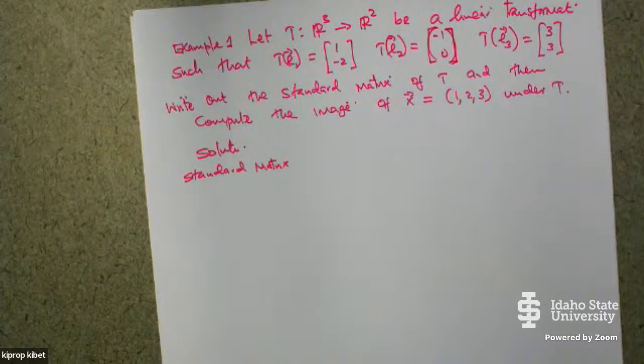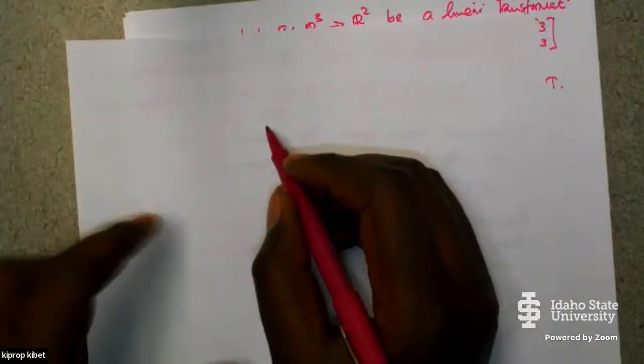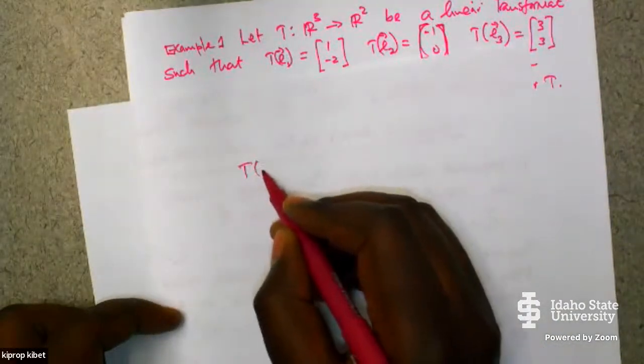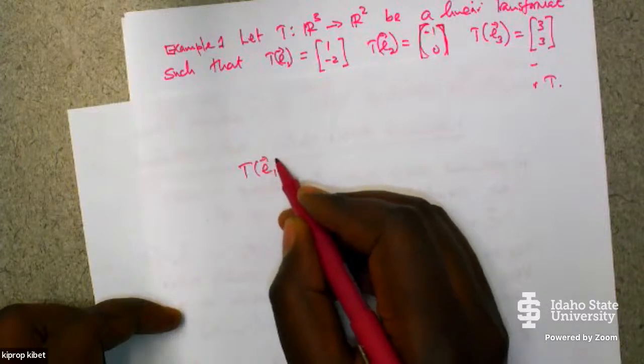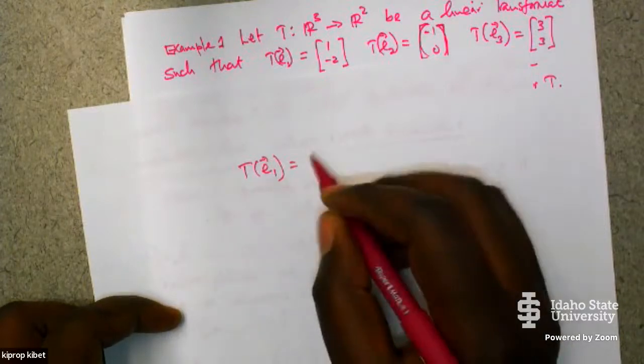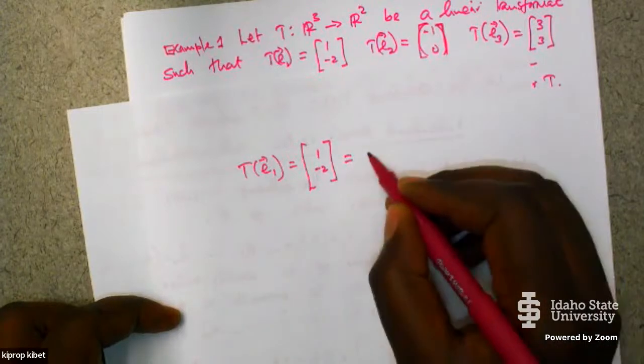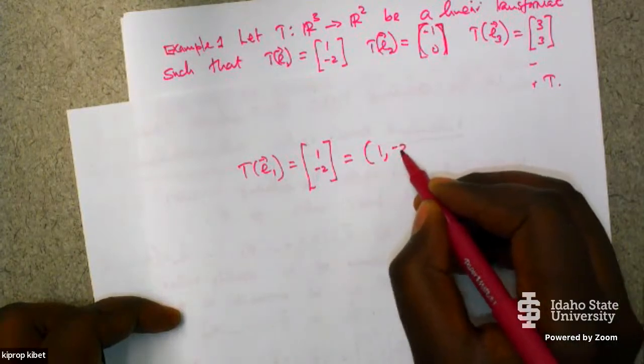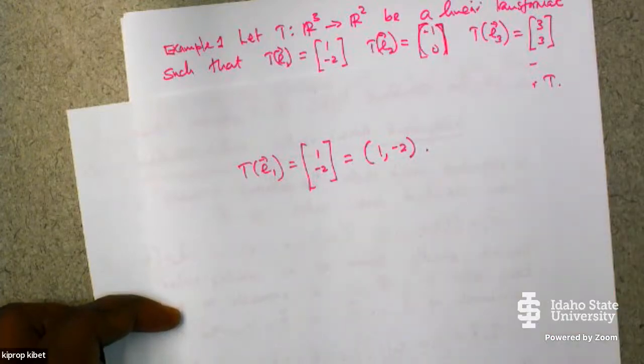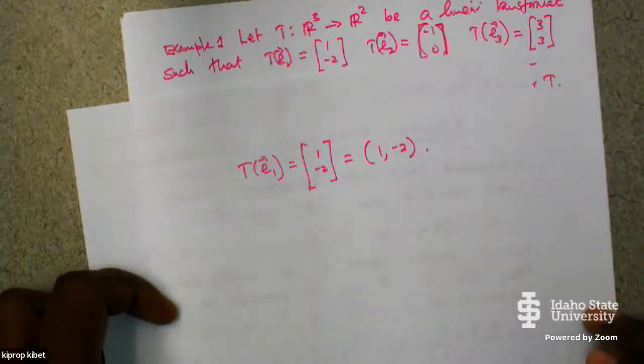So if you're writing, say, T E1, you can write it in this form 1, -2, or you can write it in the form 1 and -2.